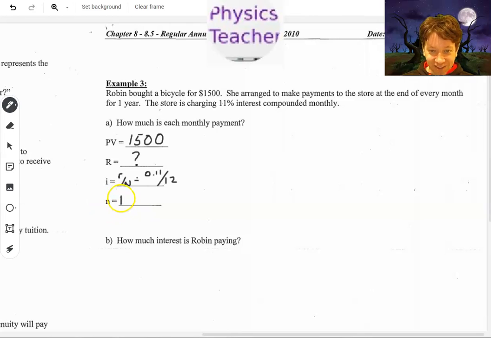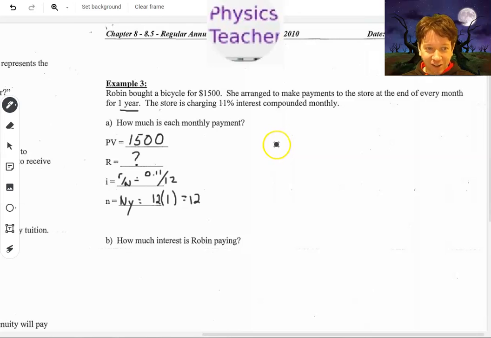And little n is n times y. So we're going to be doing this over the course of 1 year. So that's just going to be 1 times, y is 1 and n is 12. 12 payments per year. So that's just 12.